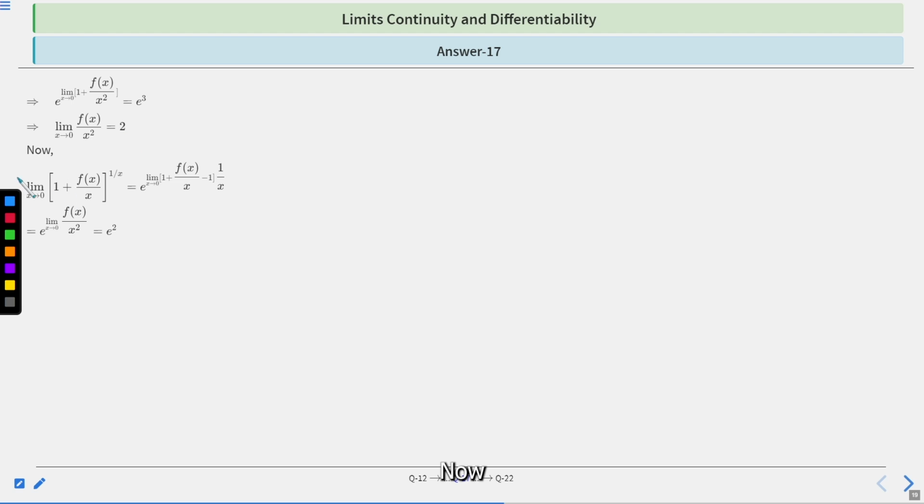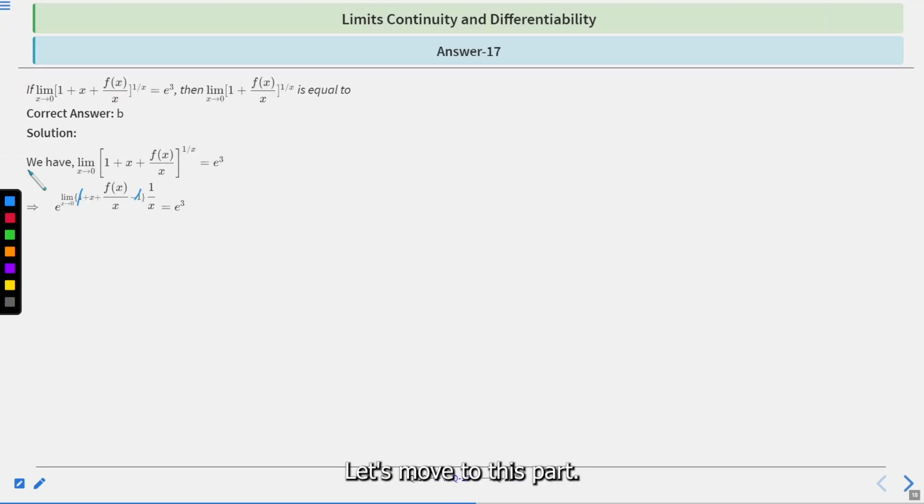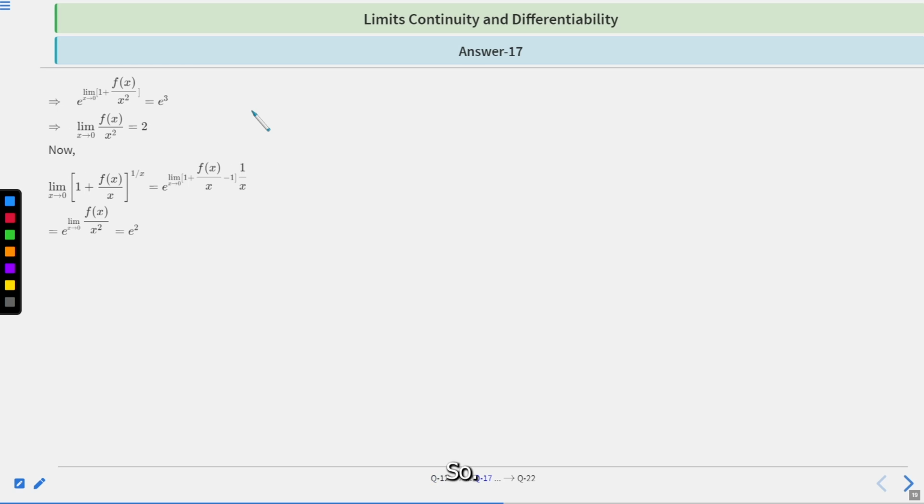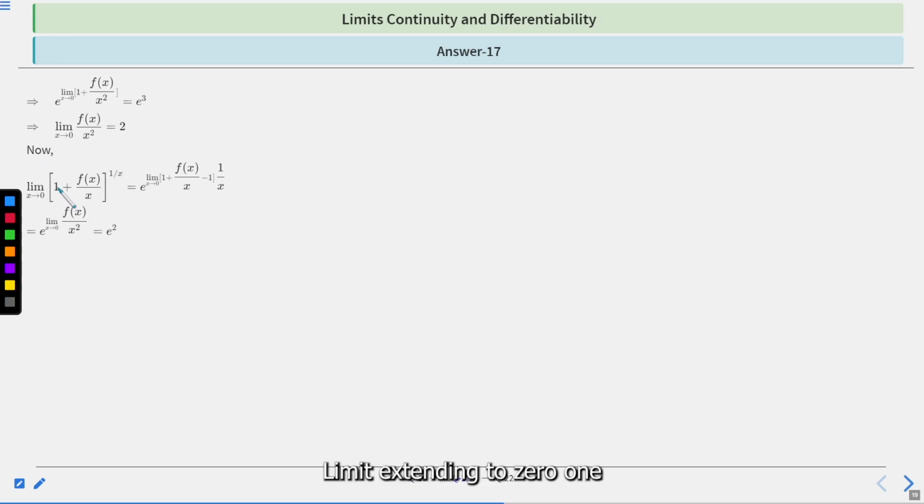Now let's move to this part. So limit x tending to 0, (1 plus f(x) upon x) to the power 1 by x can be written as, again, let's break it as 1 to the power infinity form. So we can use the formula limit x tending to 0, f(x) to the power g(x), when f(x) is tending to 1 and g(x) is tending to infinity, it can be broken as e to the power limit x tending to 0, g(x) into f(x) minus 1, right?